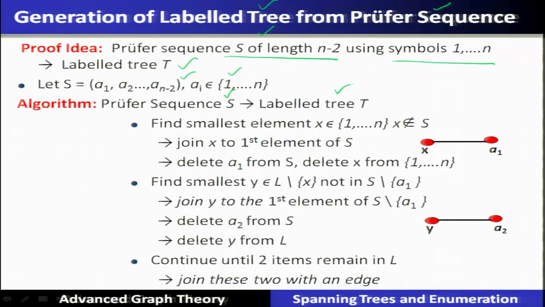So, the first step is to find the smallest element x from this particular set of labels, that is 1 to n, which is not present in that particular Prüfer sequence S which is given to us.